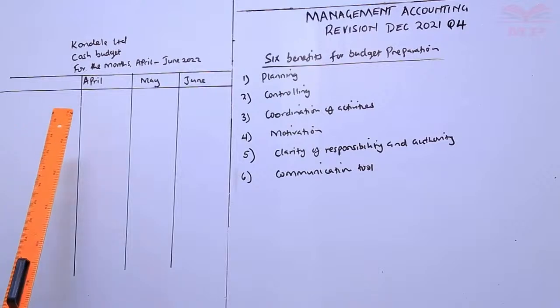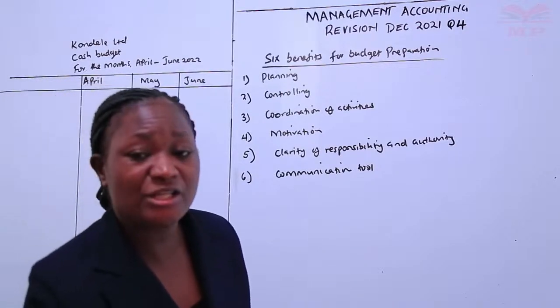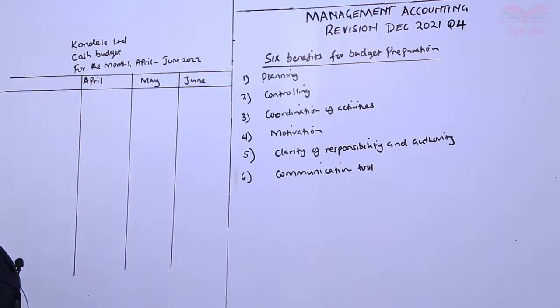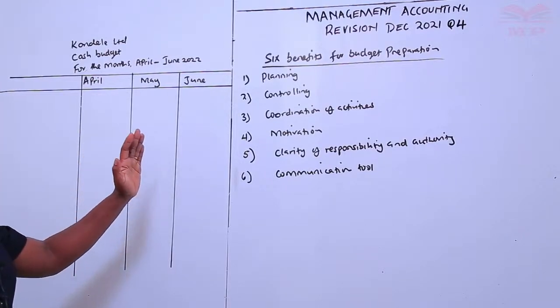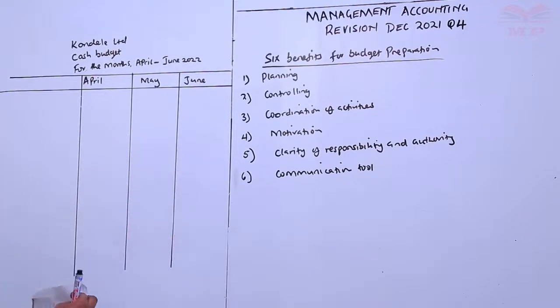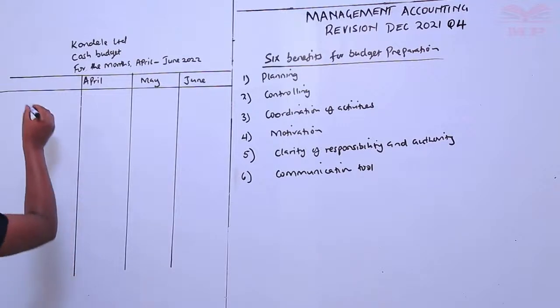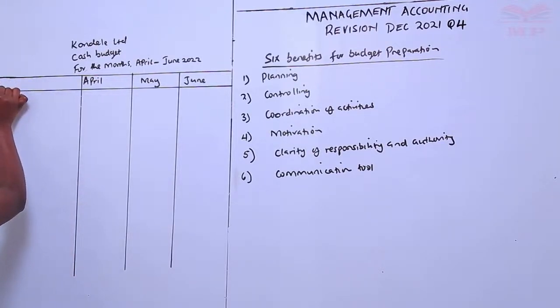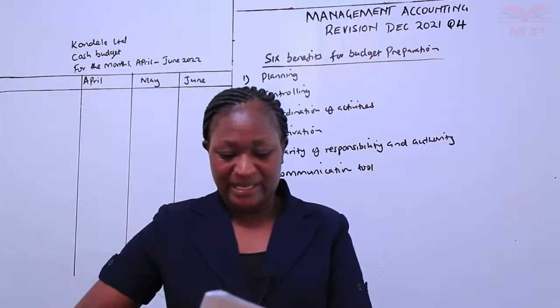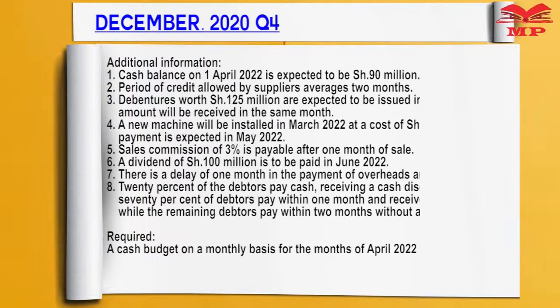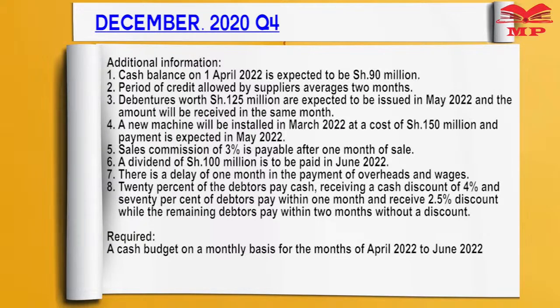So we have that format for preparation of a cash budget. We are concerned with the months of April, May, and June. These are the periods for the budget, and so we will have details under that. So we'll begin to interpret the additional information. We are told that cash balance on 1st April 2022 is expected to be 90 million.